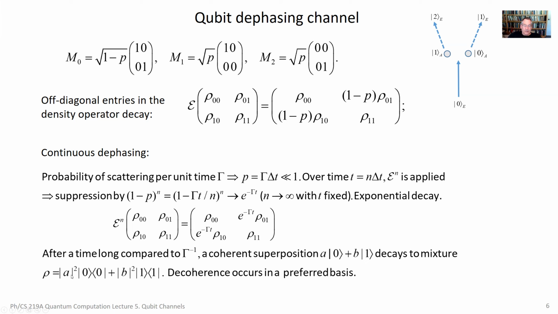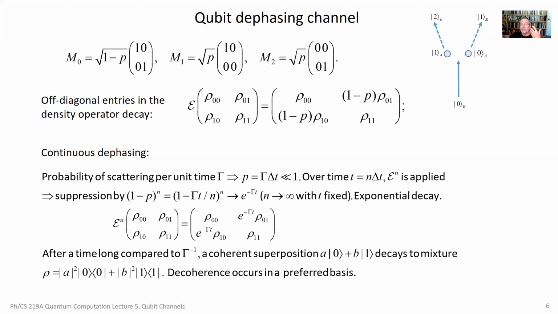It has some probability, absolute value of a squared, of being in the state 0, some probability, absolute value of b squared, of being in the state 1, and any possibility of interference between the 0 and the 1 has been completely destroyed by this process in which the photons scatter off the dust grain.